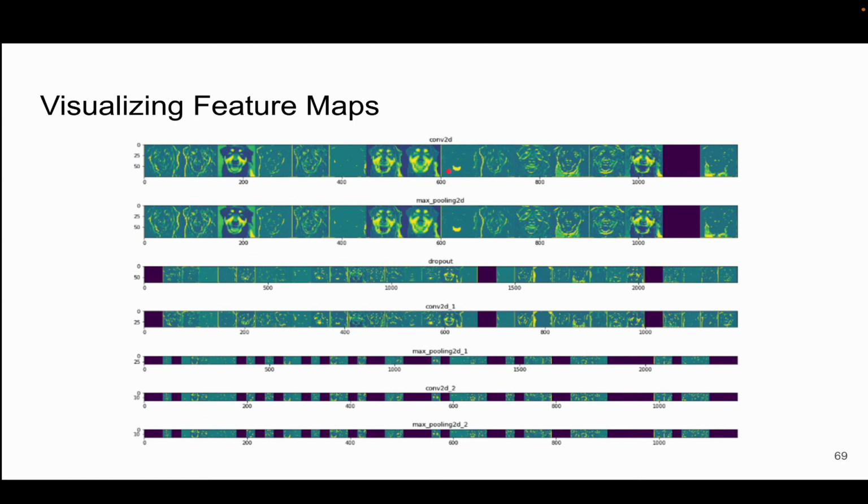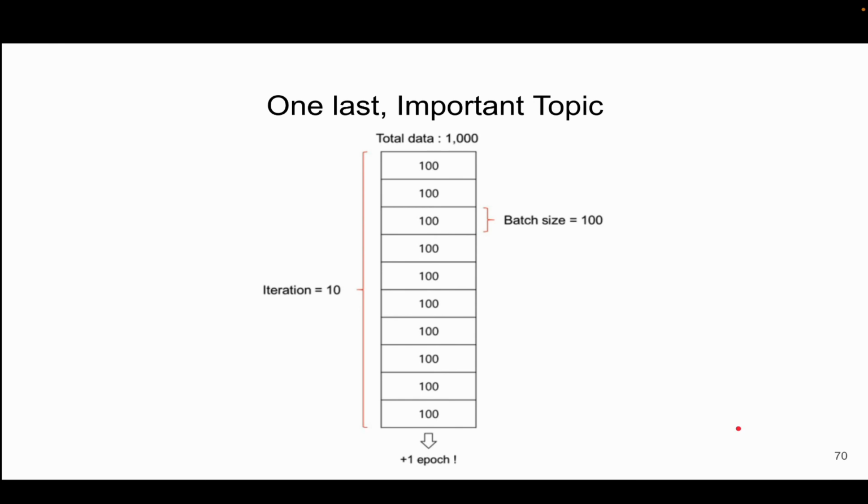So if the tongue is out, then most probably it's a dog. The features are more like a dog, and then the second layer, then third layer. So you can see at the end we are getting some eyes kind of thing, that if eyes are of this shape, then it's more likely a dog. All these features will be used to present the final output.